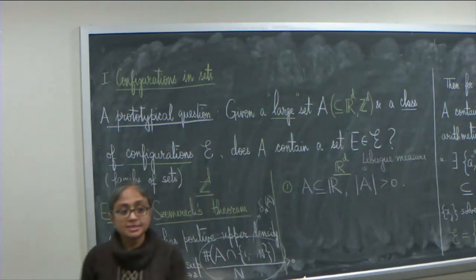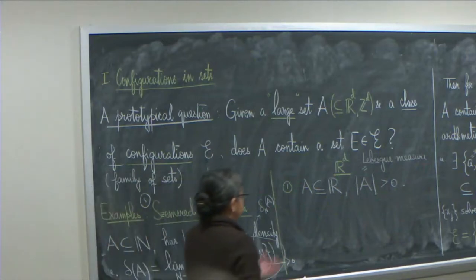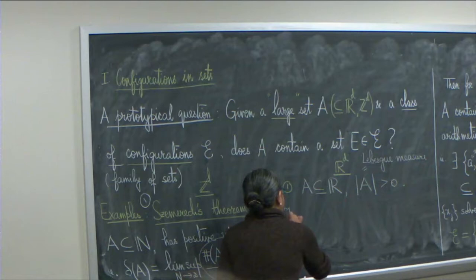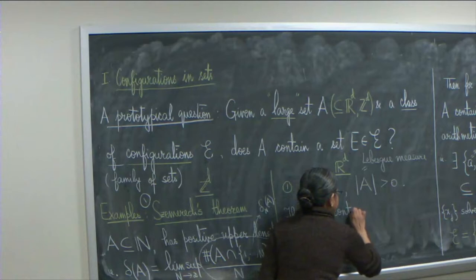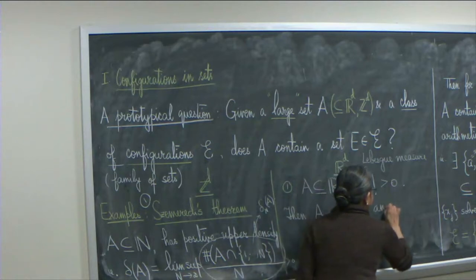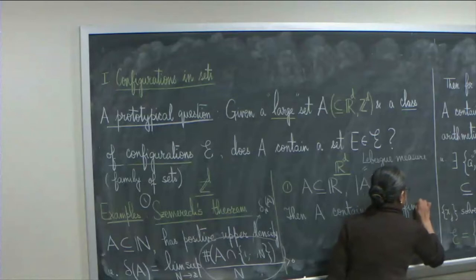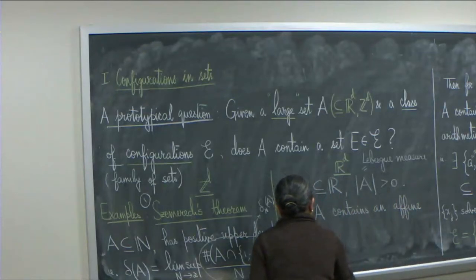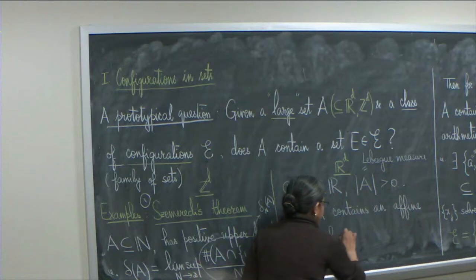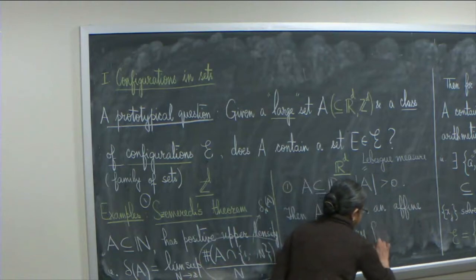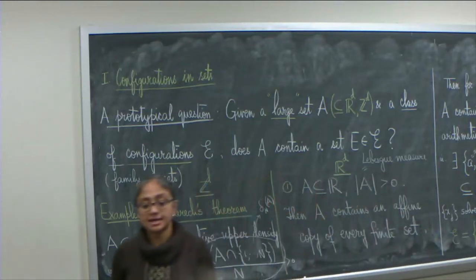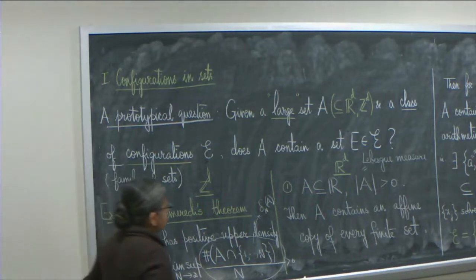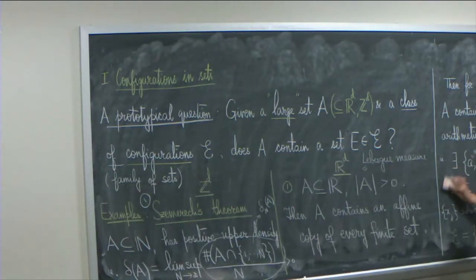I'm just going to prove it to you in about a line or so. Then A contains an affine copy of every finite set. What does that mean? Take any finite set of points P, x1 through xn.